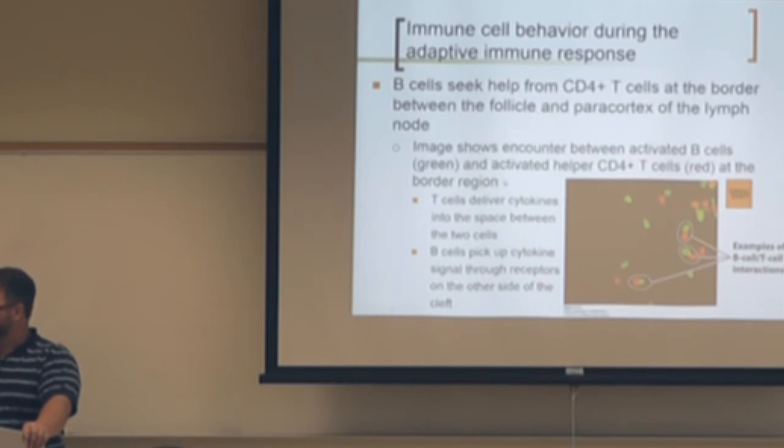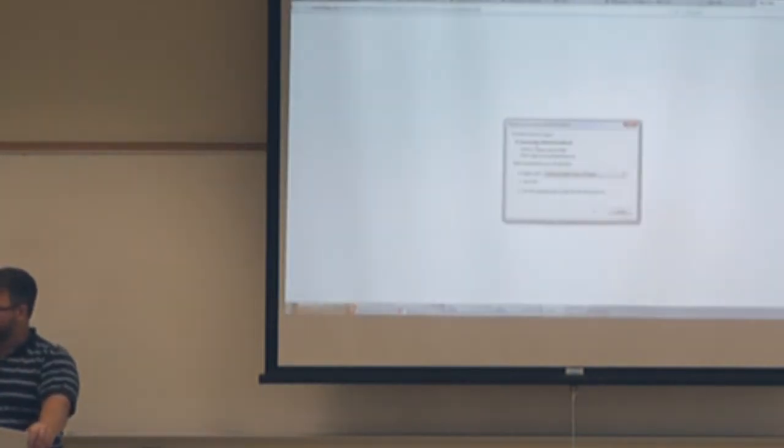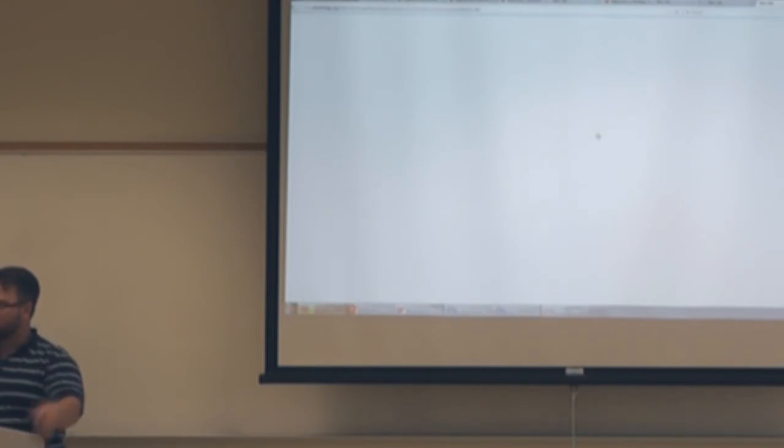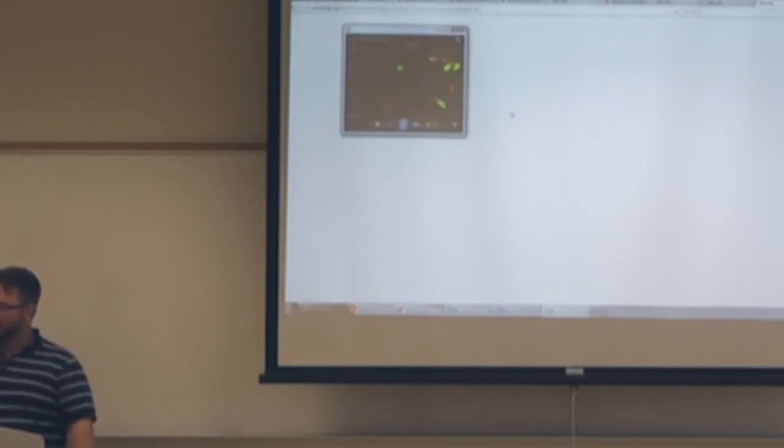So here we see this is going to show activated B cells in green, and then your activated helper T cell in red, and this is going to now depict our belief that the reason why the B cells are going to localize to the zones between B cell and T cells, because then you're going to get them, and you can see they're kind of bound to each other, following each other around.